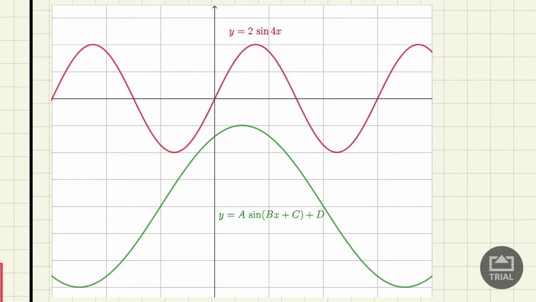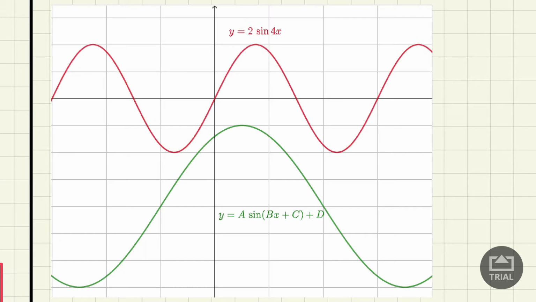What's the amplitude? 2. So now you are lucky, each grid is 1. But if you just guess, it might be wrong. From here to here is the amplitude of this function, and the amplitude of the function is 2. So this means each grid is 1 unit.